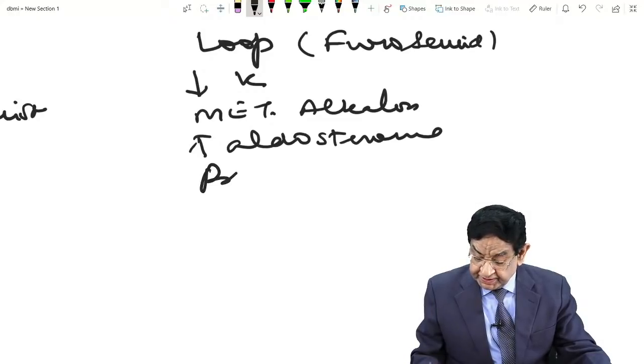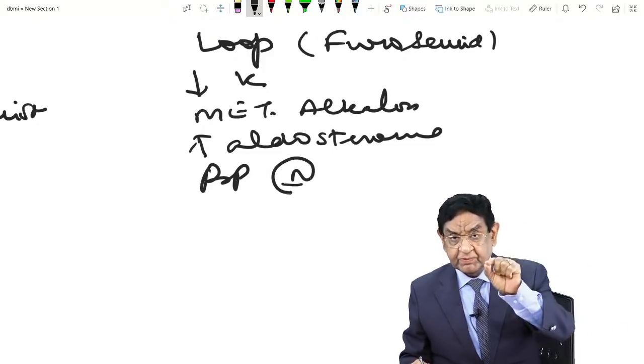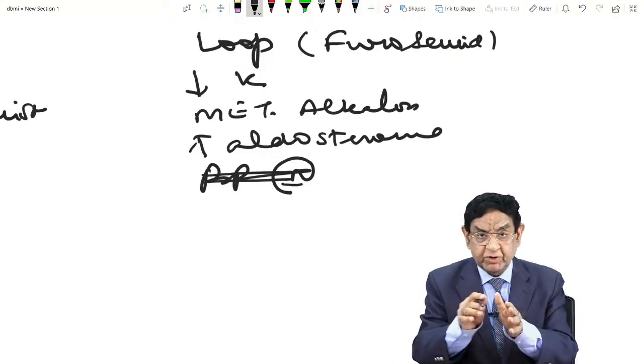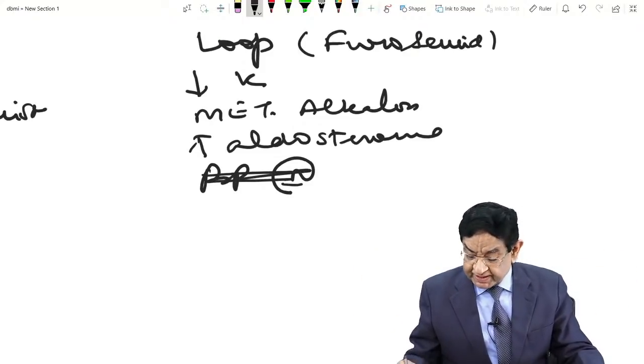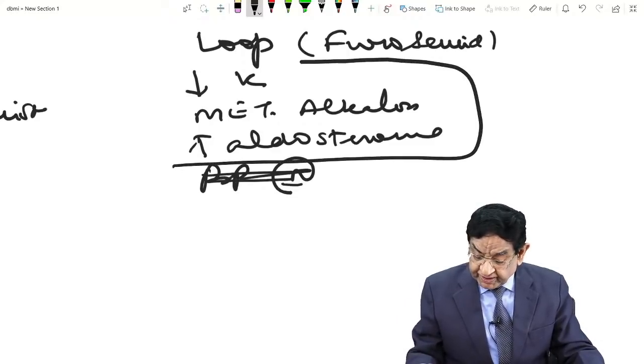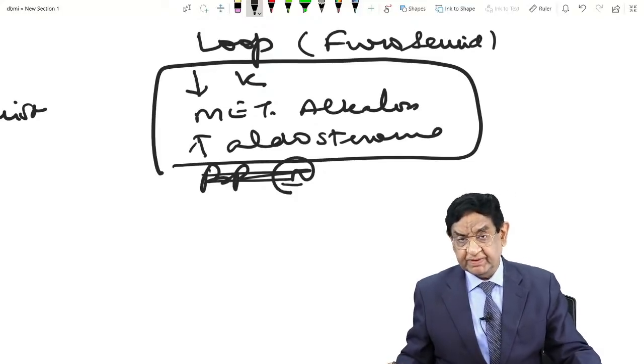BP is normal. BP is, when we use furosemide, it will bring the BP to the downside because we are losing volume, so BP will try to be going down. So this is the basic finding that we get in case of furosemide, right?